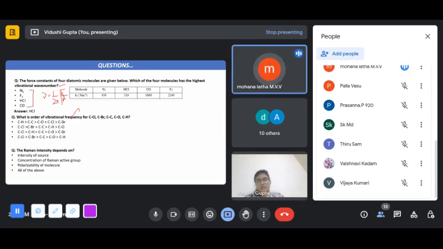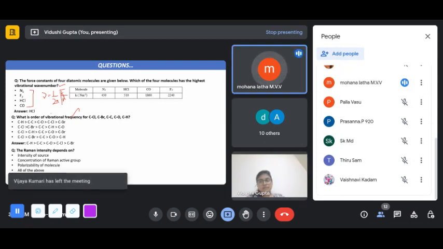CH, CC, CO, CCl, CBr, ma'am. Yeah. Why? Vibrational frequency is inversely proportional to reduced mass, ma'am.